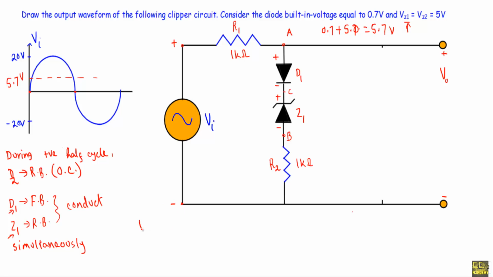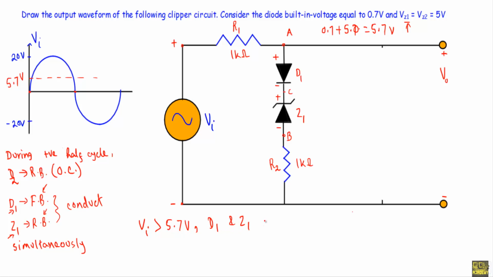When applied voltage Vi will be greater than 5.7 volt, we will get sufficient voltage to put the diode D1 and Zener diode Z1 in corresponding bias simultaneously. Therefore, we will get current through the diode D1 and Zener diode Z1.